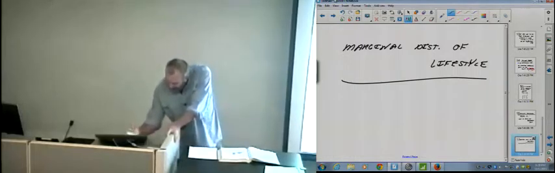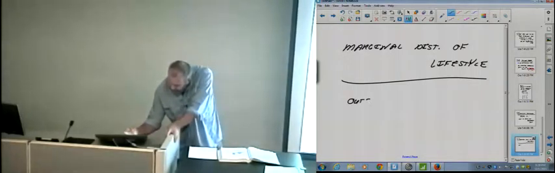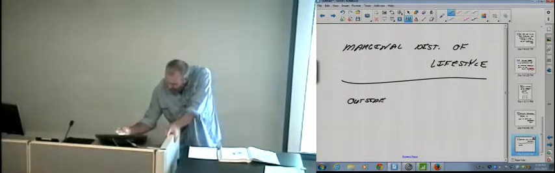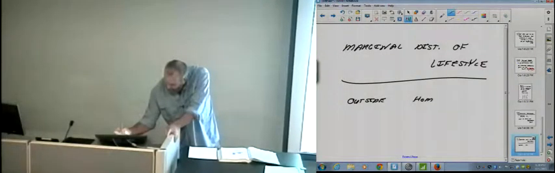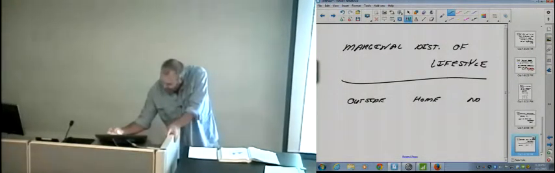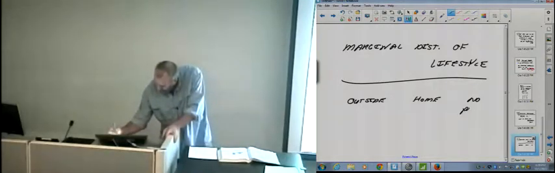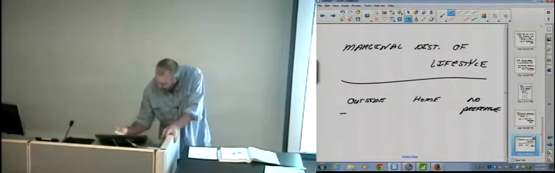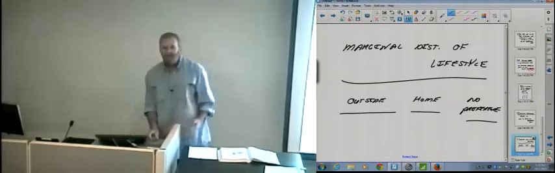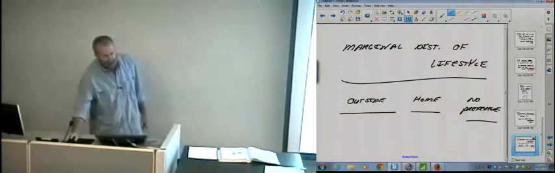It's either outside the home, or at home, or, what was it, no preference? There's going to be three percentages that we're going to calculate here.